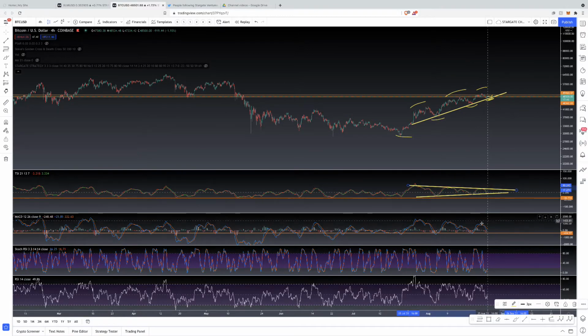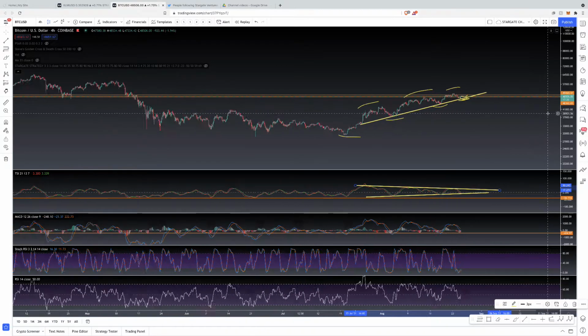So it's just repeating itself. You just want to see that sometimes the pattern plays out longer, sometimes shorter, sometimes it's faster, sometimes it's slower, sometimes it looks different, but at the same time it's the same thing.